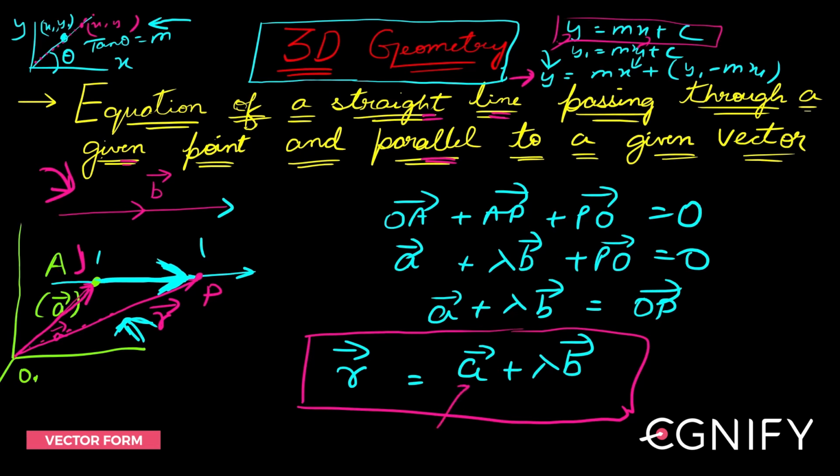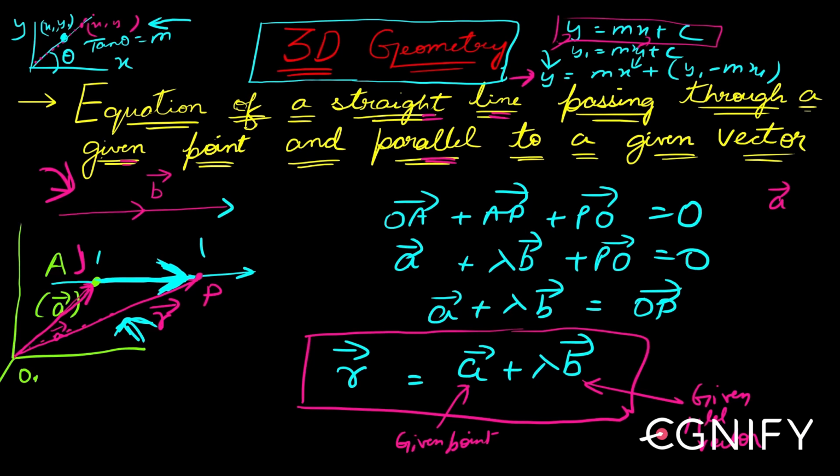So this is your given point. This is your given parallel vector. Next time when you see a given vector a bar and you have to find the equation of a straight line which passes through this a bar and is parallel to some c bar, what you simply do is you write r bar is equal to a bar, the point's position vector as it is, plus some scalar into the direction vector, right?